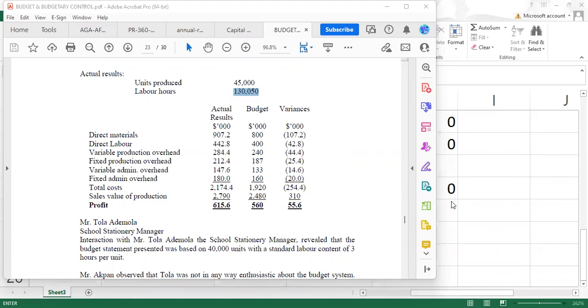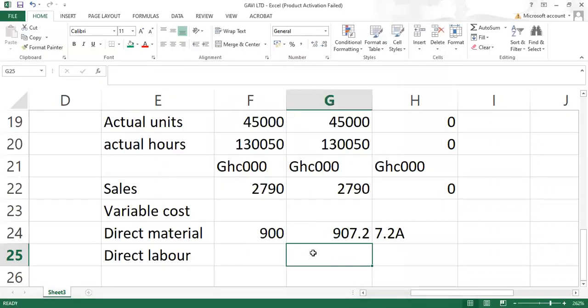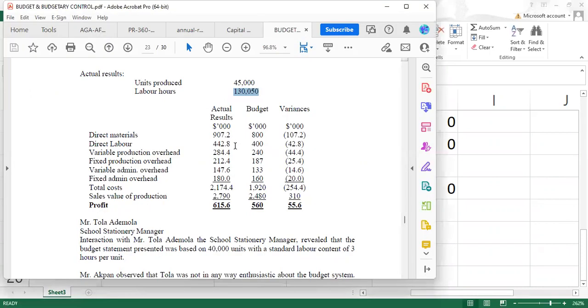That is the same as how we use the unit one. We just use the actual over budgeted times the budgeted cost. So in this case, we use the actual hours over the budgeted hours times the cost. That is all.